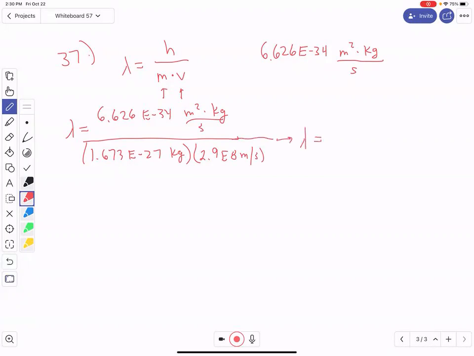So multiply and divide to get our de Broglie wavelength.